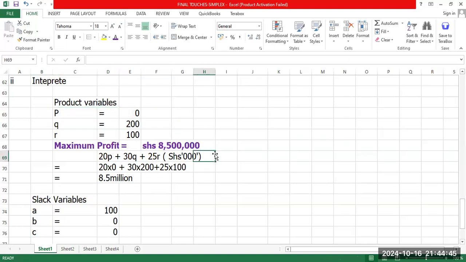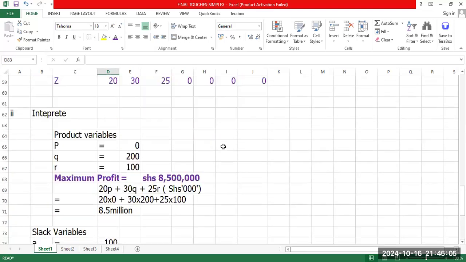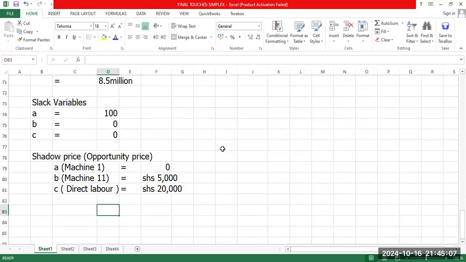And that's how you're going to always interpret your final tableau. These questions can appear again. And these are free marks. I take a lot of time explaining here, but in an exam, you can actually use like 10 minutes.